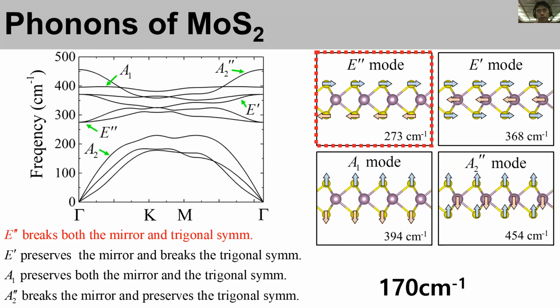Before we discuss this effect of phonon, let us first review the phonon structure of this material MoS2, with four branches of low-lying optical phonons. But the lowest optical phonon, the E double prime phonon, is the most important.